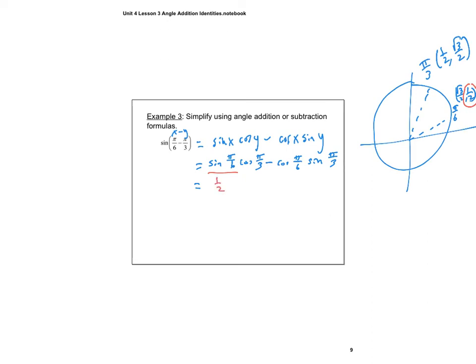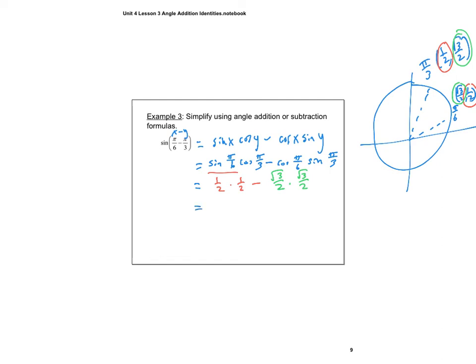Cosine of pi over 3, cosine corresponds with the x value on the unit circle at that angle, which is 1/2. Cosine of pi over 6, cosine corresponds with the x value at that angle, the square root of 3 over 2. The sine of pi over 3 is the square root of 3 over 2. That's the y value.